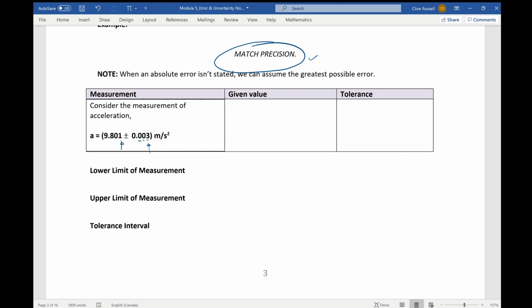Here, our measured value is 9.801 meters per second squared. Our tolerance is plus or minus 0.003 meters per second squared.